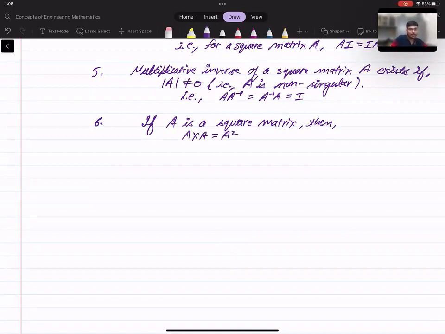And similarly, the product of A into A into A is simply A cube, and so on.